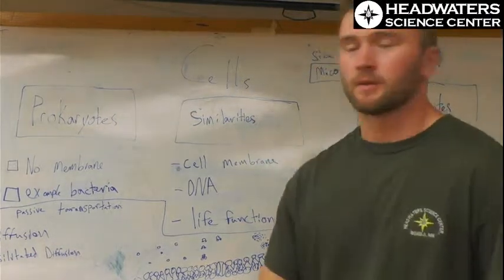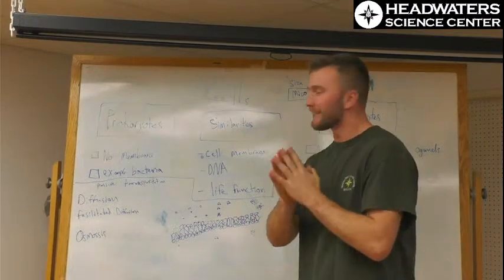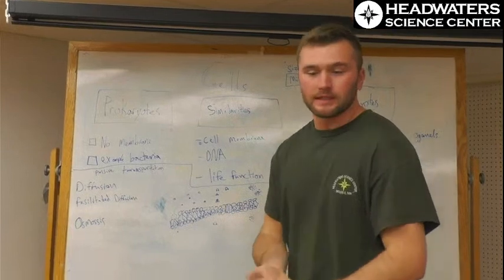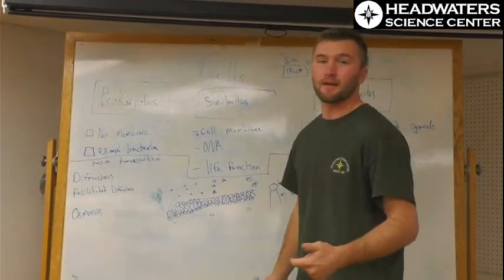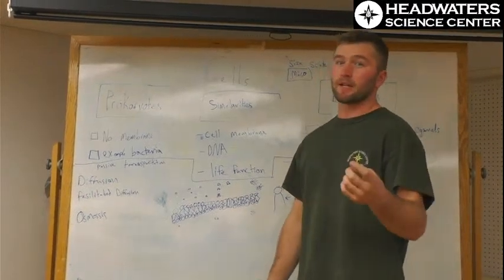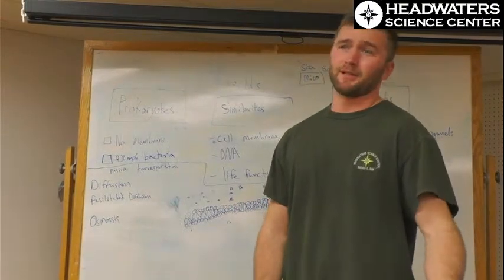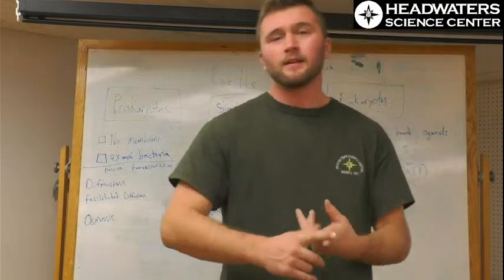So let's take a look at similarities that they do have. The cell membrane. Cell membrane is referred to as a phospholipid bilayer, and a phospholipid bilayer is pretty self-explanatory. If you take that word apart, you got phospholipids.